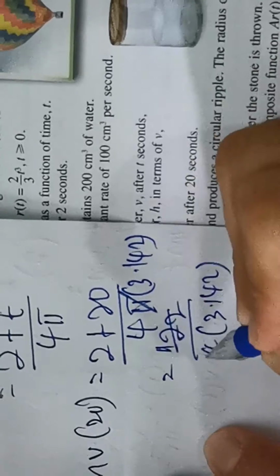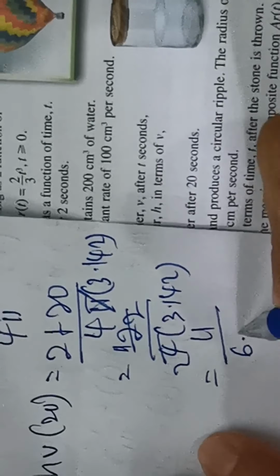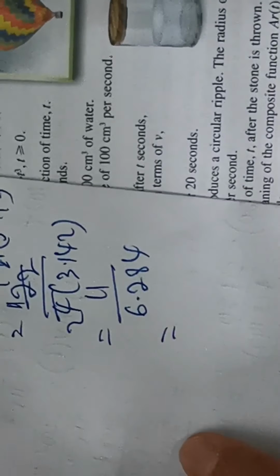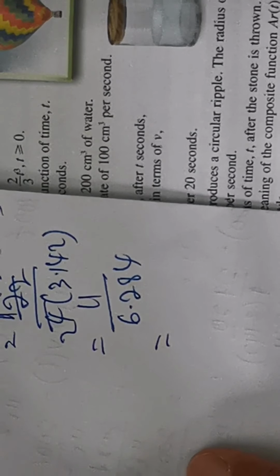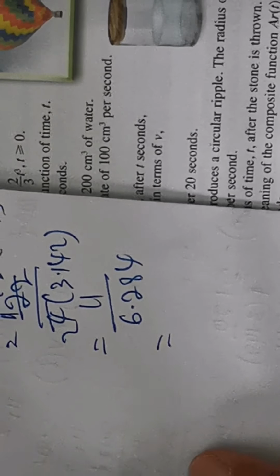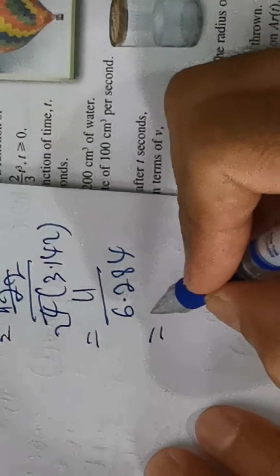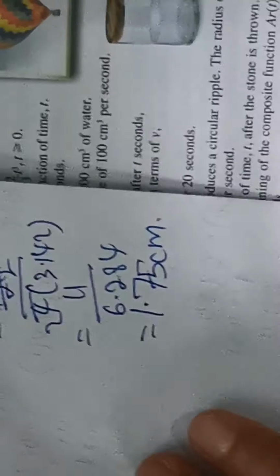I cut 11 and 2, so it's 11 over 6.284. Then press calculator, 11 divided by 6.284. The answer would be around 1.75 centimeters. Okay, that's all for question number 4.